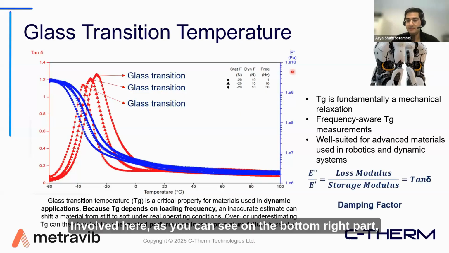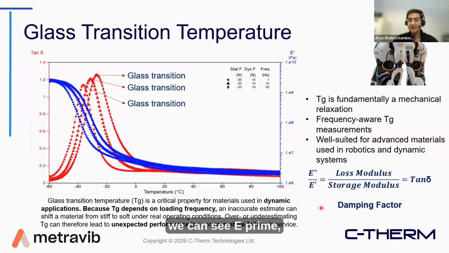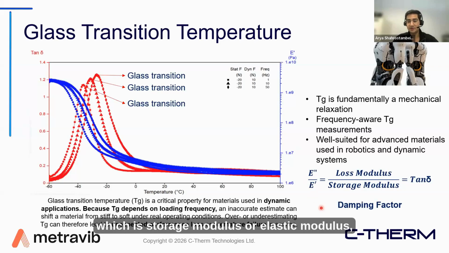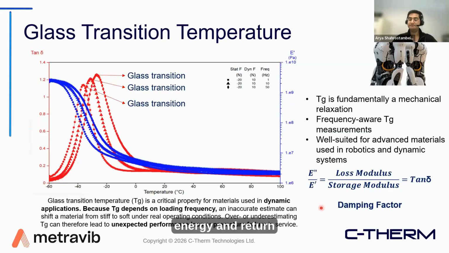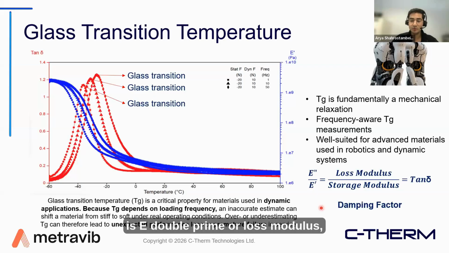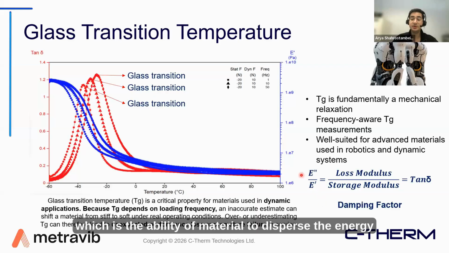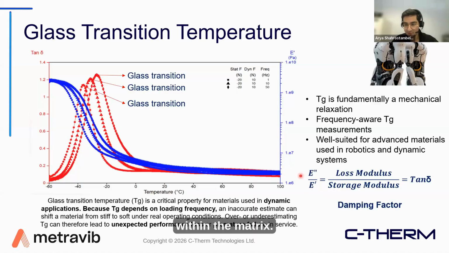As you can see on the bottom right part, we have E prime, which is storage modulus or elastic modulus, more assigned to stiffness, and this is the ability of material to store the energy and return it. The other parameter we have is E double prime, or loss modulus, which is the ability of material to disperse the energy within the matrix.